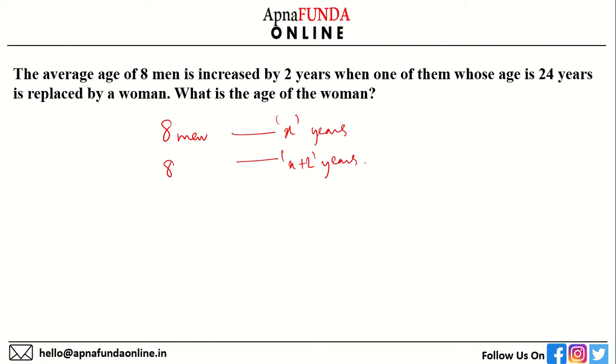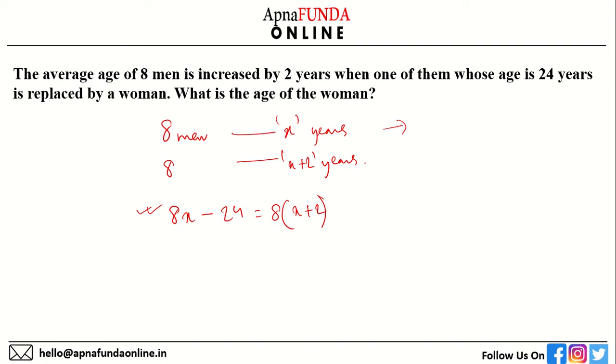We need to write this expression: 8x minus 24 equals 8 into (x plus 2). You should get this expression. 8x means the earlier total years.